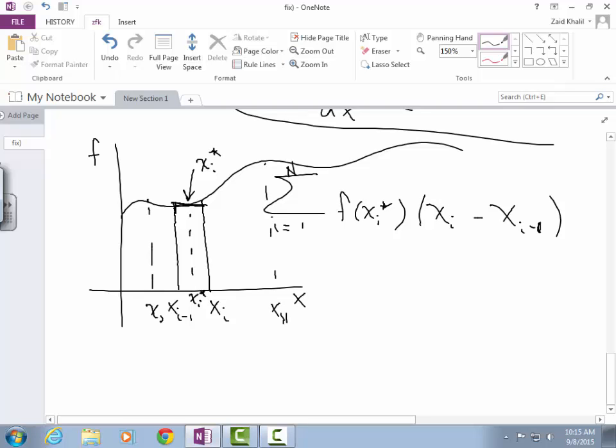So those are fixed; that length is fixed. So if you jack up the number of partitions, what is that going to do? Make them thinner and thinner. That's right. So then we could say that the area is equal to the limit as n goes to infinity of the sum of f of x_i star times x_i minus x_i minus 1. Right. You need the sum.